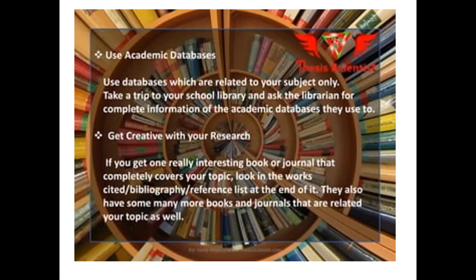Then get creative with your research. You have to be very creative with your research, right? Change the topic, be innovative, creative, and do that. You get one really interesting book or journal that completely covers your topic. Look in the works cited, bibliography, or reference list at the end, where they also have many more books.